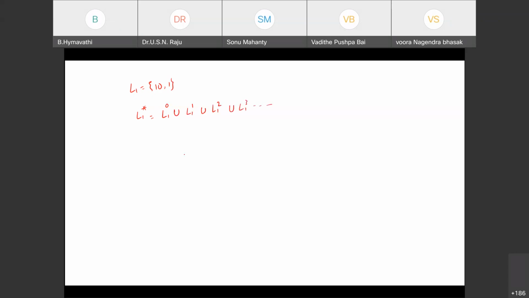Now please all of you do it and tell me the answer. Because these are all the things that we'll be using when we are simplifying regular expressions, or when we are using regular expressions.